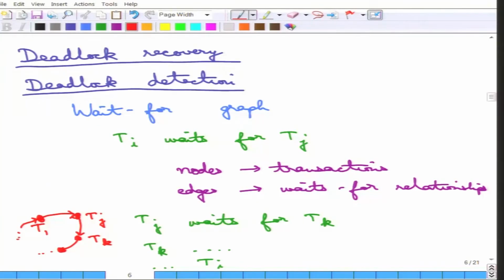So how does one detect a cycle in this directed graph? This is the same as we did earlier in the conflict serializability graph. One can run a depth first algorithm to find out if there is a cycle. If there is a cycle, then there is a deadlock, because in that cycle all the transactions are waiting in a circular manner. If there is no cycle, on the other hand, then there is no deadlock.